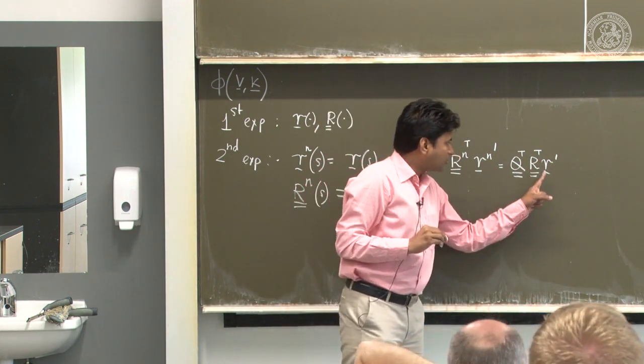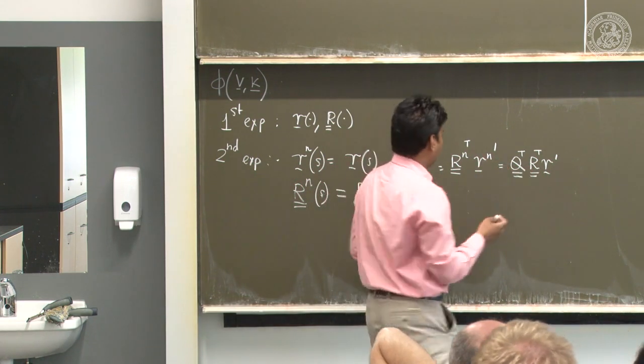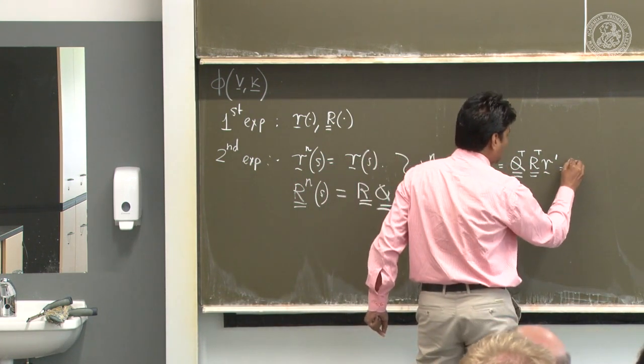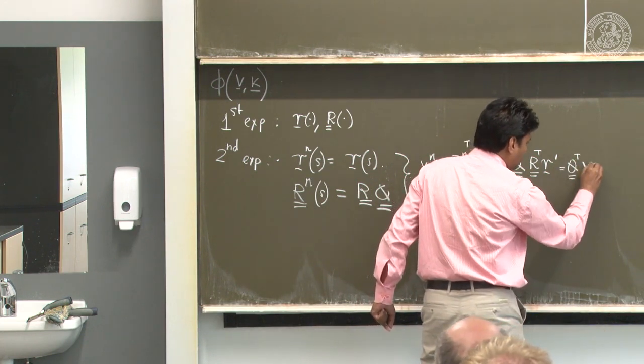But big R transpose times little r prime is your old V. So V new is equal to Q transpose times V old.